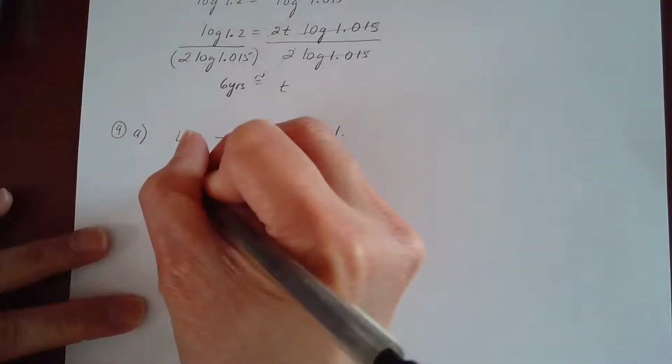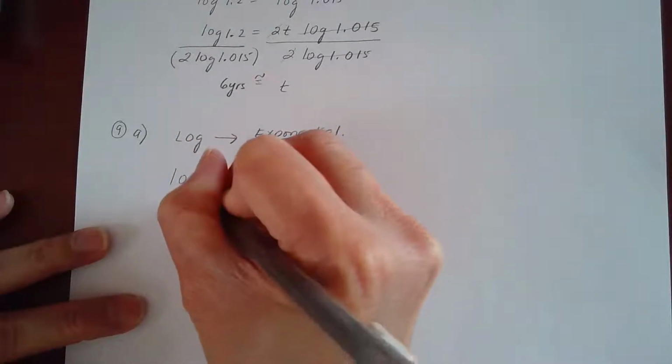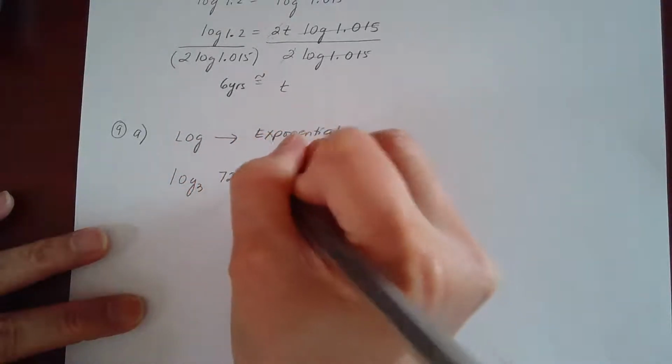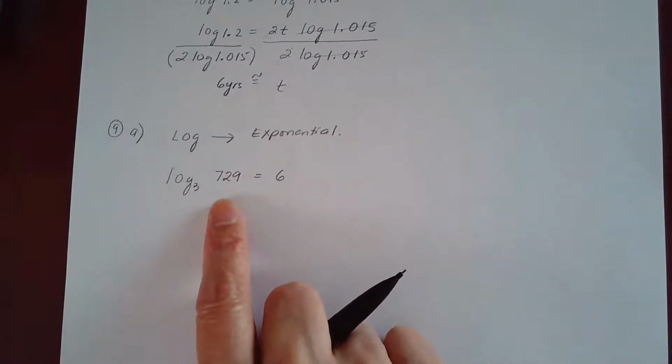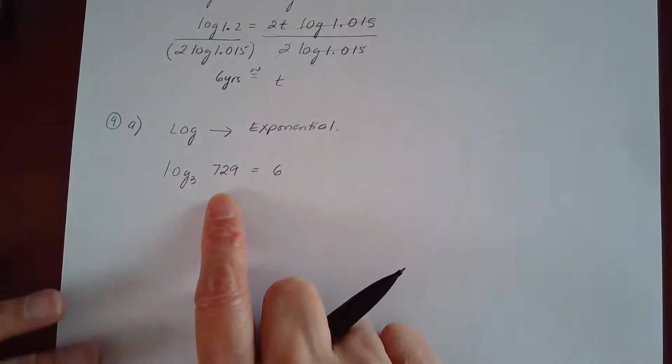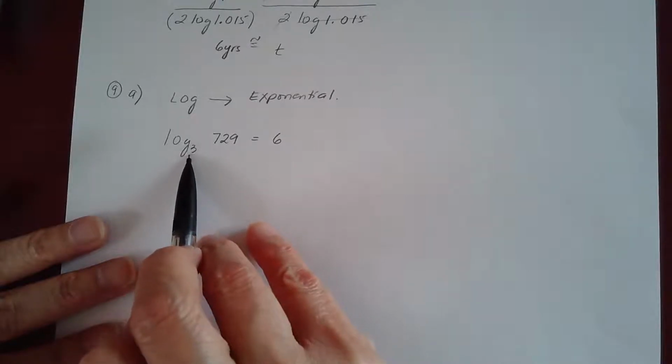So log base 3 of 729 equals 6. How can we write this in exponential form? This is the base of the exponent, so that's going to be 3.